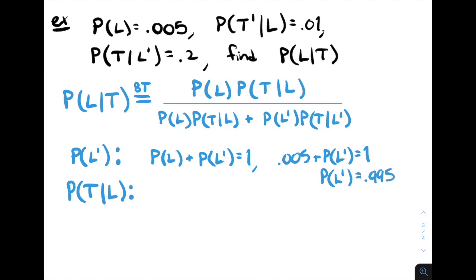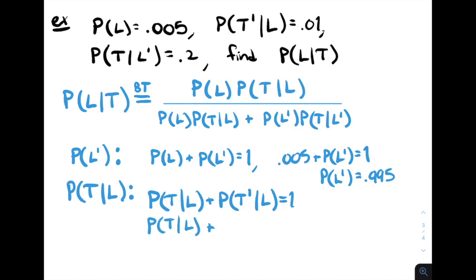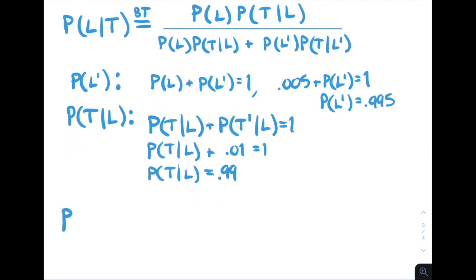To find the probability of T given L, we'll recall that the probability of T given L plus the probability of T complement given L equals 1. This means that the probability of T given L plus 0.01 equals 1, and that the probability of T given L is therefore 0.99.